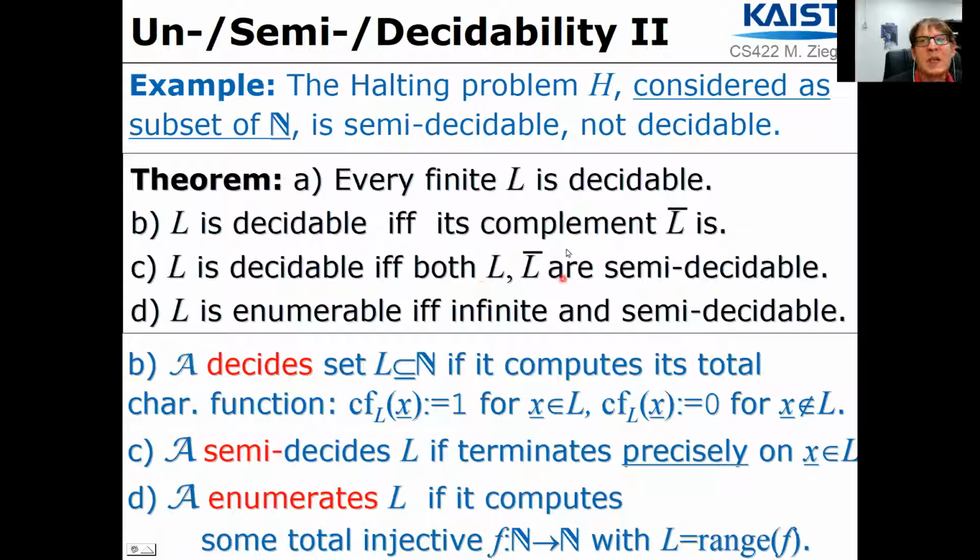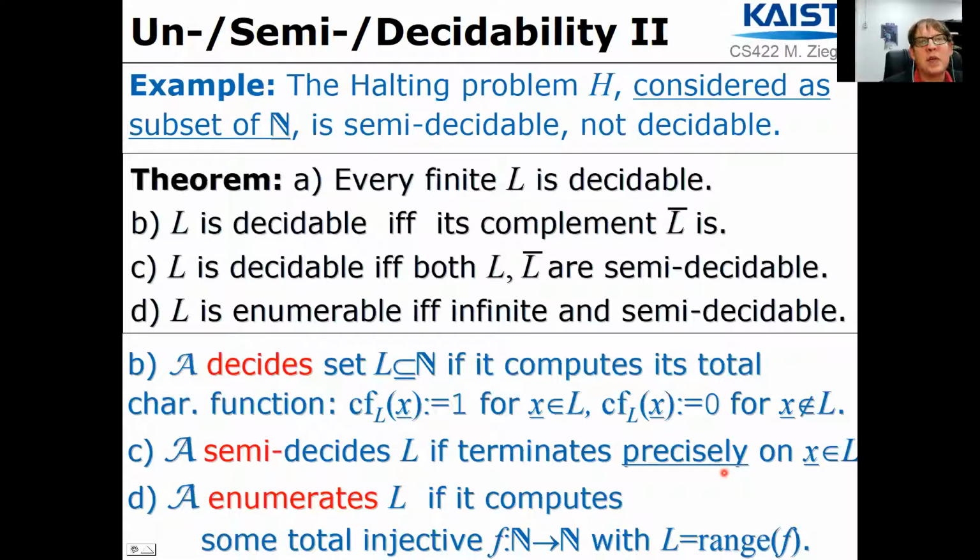Because the algorithm semi-deciding L bar, the complement of L, by the very definition, must terminate precisely on those inputs that do not belong to L. So when we present that algorithm with an input that does belong to L, it will never terminate.